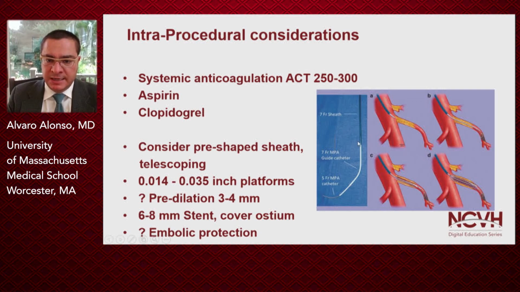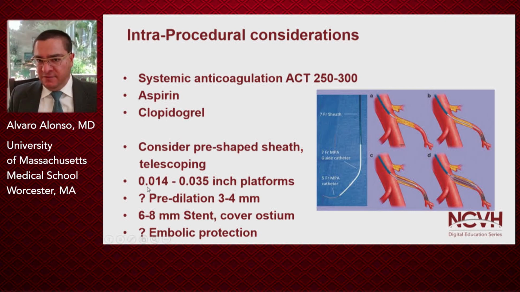You could also utilize telescoping techniques, particularly if you're approaching these from an arm approach, whether brachial or radial. Having a supportive sheath and then eventually a catheter that will allow you to direct into the vessel, and then advance your wires and things like that could be very helpful.